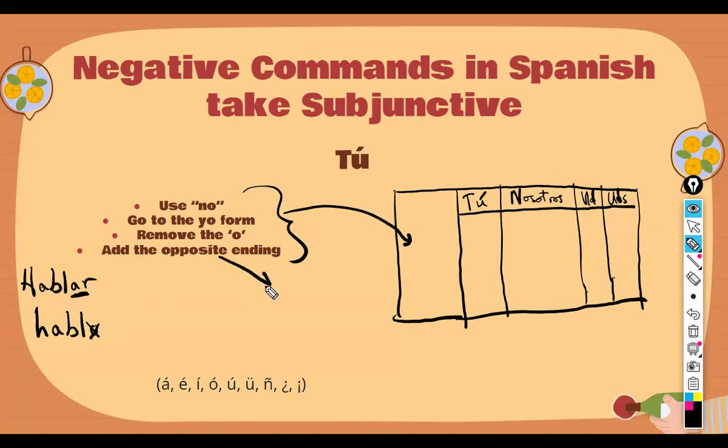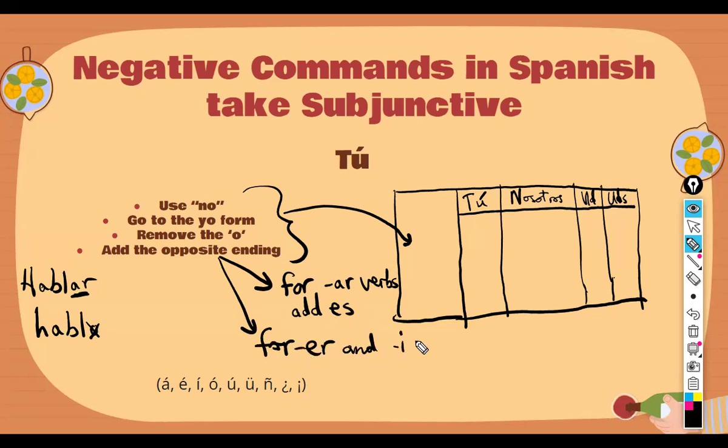So the opposite ending for AR verbs, add ES, right? For ER and IR verbs, add AS, right?